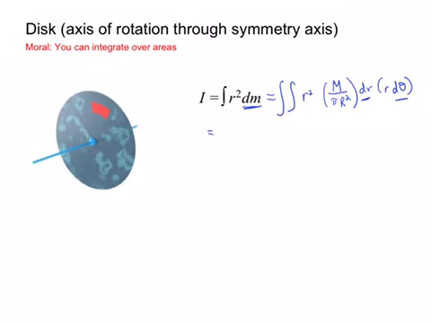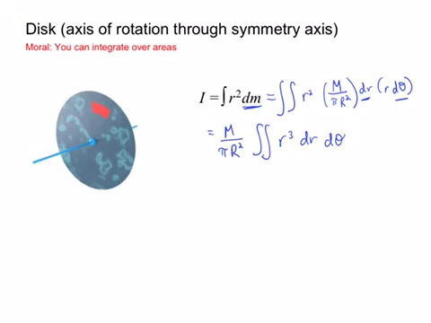So at this point, I'm just going to pull out everything that's a constant. We've got our big M over pi big R squared, and we've got one integrand and a second integrand for dr and d theta.